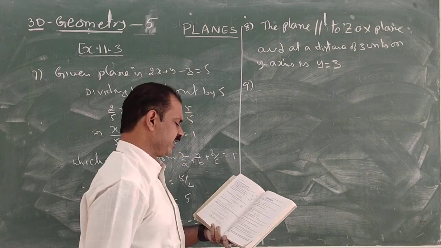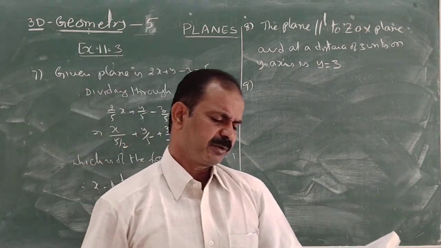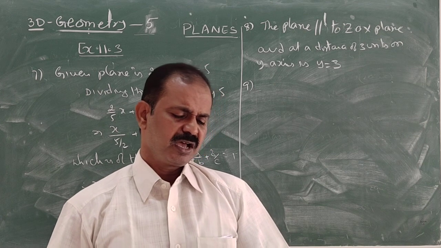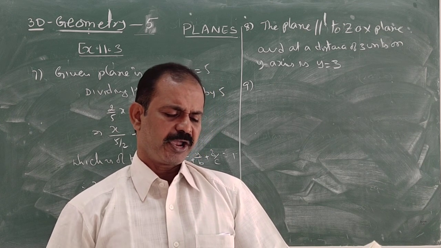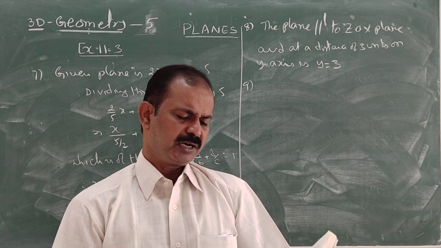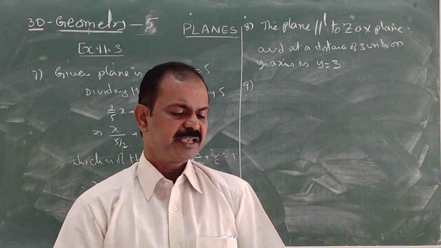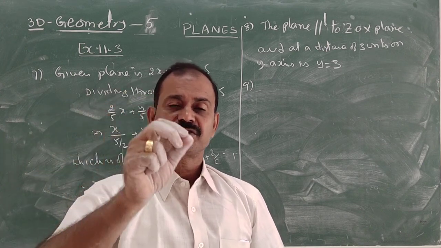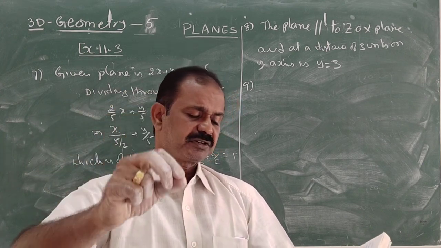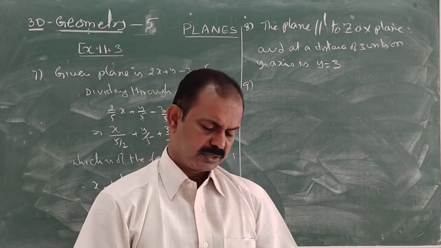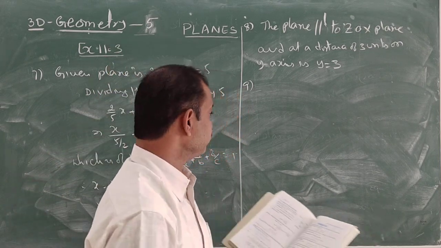Ninth one, it is given: find the equation of the plane through the intersection of two planes and through the point. So ninth one, 10th one, 11th one, it is one and the same only, there will not be any change. Find the equation of a plane passing through the intersection of two planes. So let me start with the ninth one.